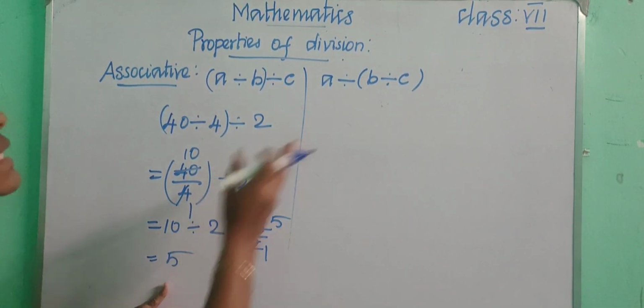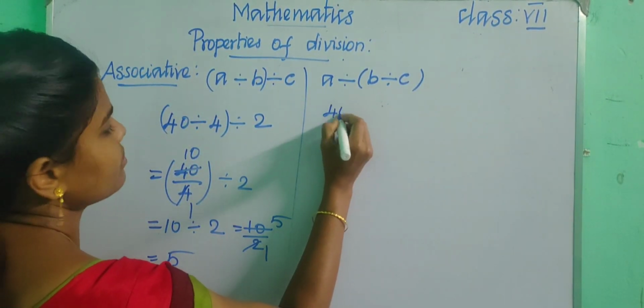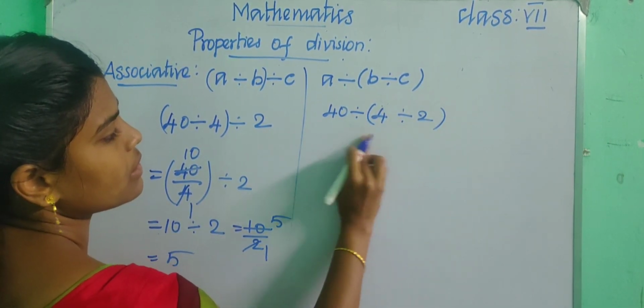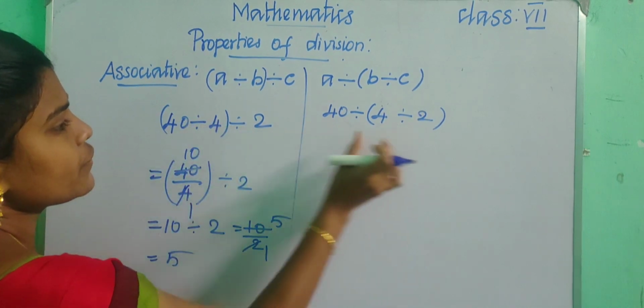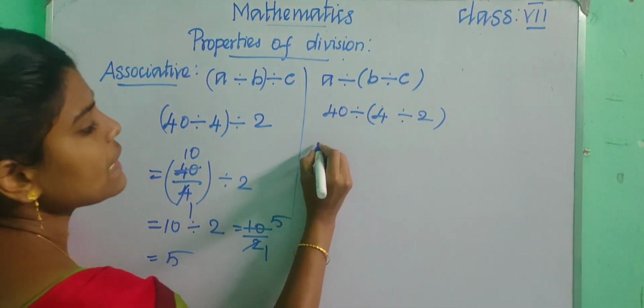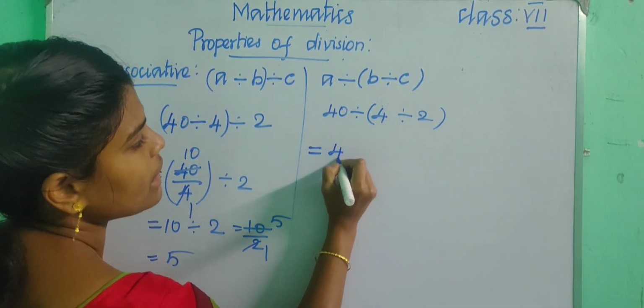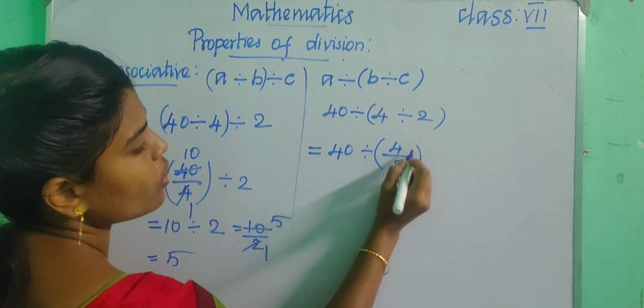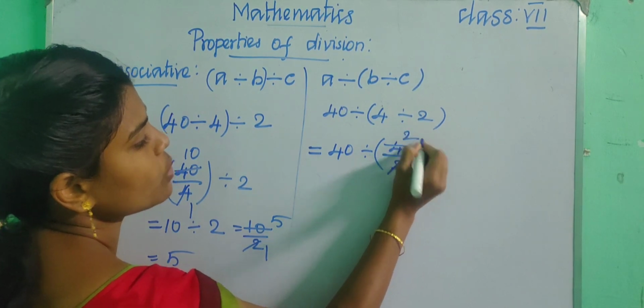Let us check for the right hand side. So 40 divided by 4 divided by 2. We are just having the brackets in different terms. First of all let us solve the brackets. 4 divided by 2, 4 upon 2. 1 2 is 2 and 2 2s are 4.